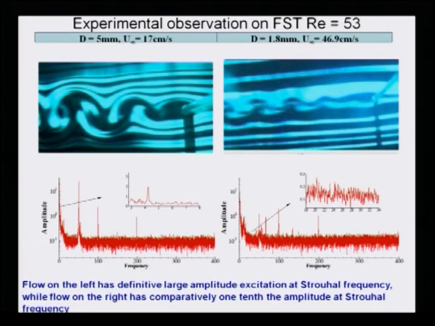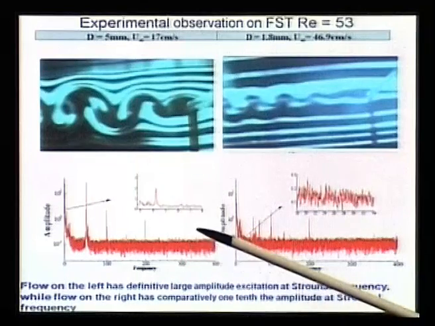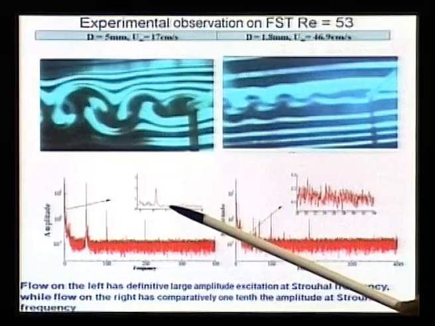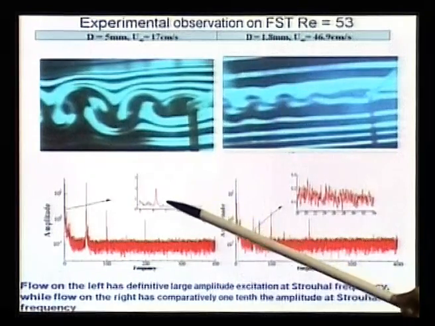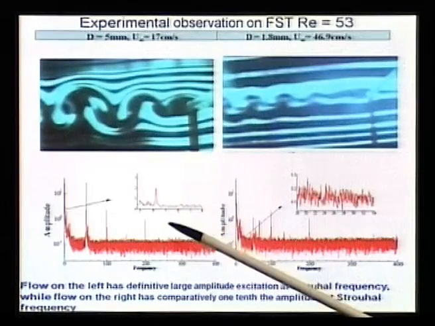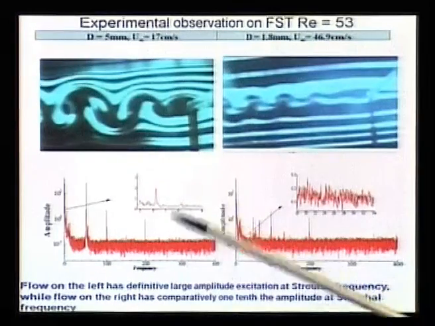So, what we did was try to find out the magnitude of the disturbance at the Strouhal number, and for this lower speed you can see that is the peak. The peak corresponds to the Strouhal number, and there we see the amplitude is roughly more than 2.